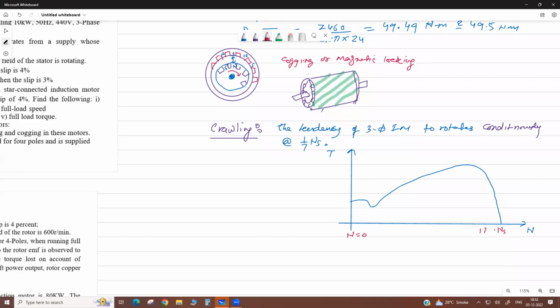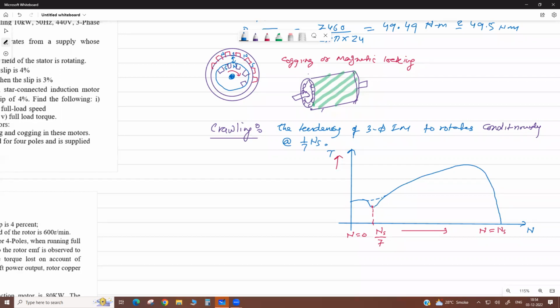This way your speed varies, and here the torque varies. Now at this point, what is the speed? It is 1/7 of synchronous speed. So it has a drop, a dip here. If it were not there, the torque would continuously rise this way. But due to this, it has a dip.